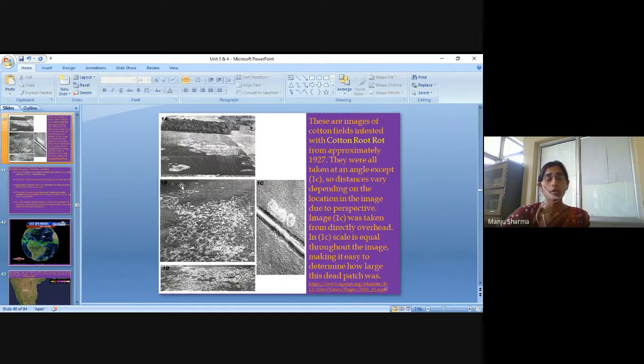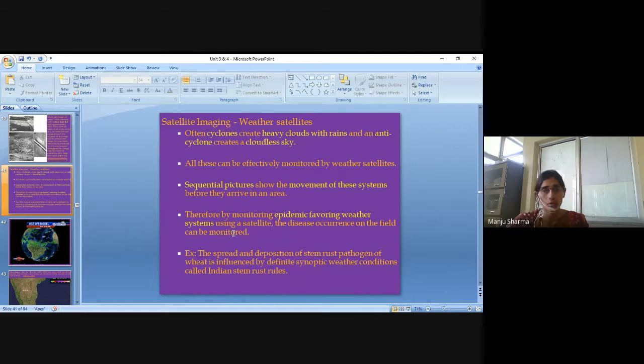They were all taken at an angle, so distances vary depending on the location. In one image, the picture was taken from directly overhead, so the scale is equal throughout the image, making it easy to determine how large this dead patch was.